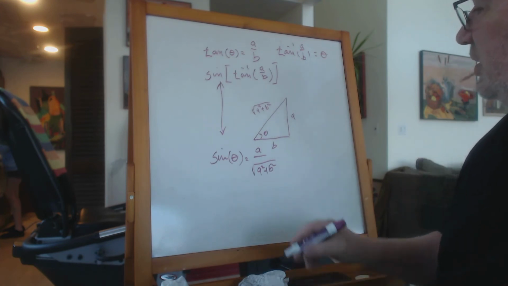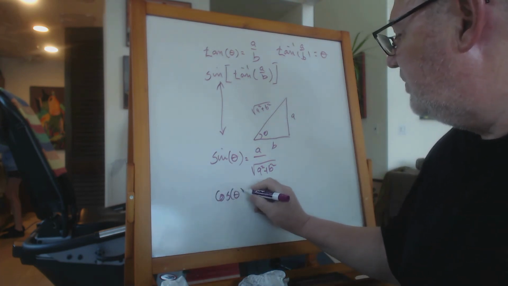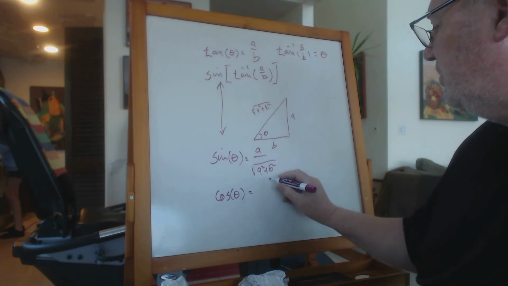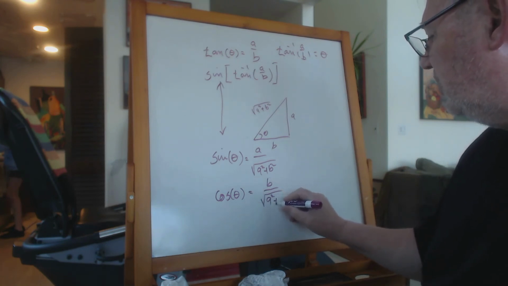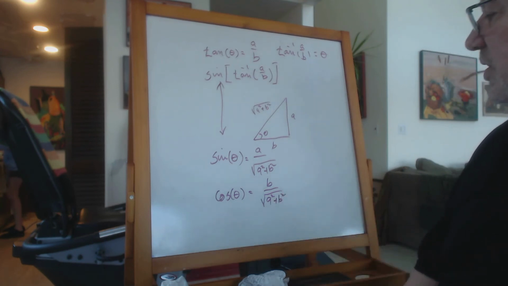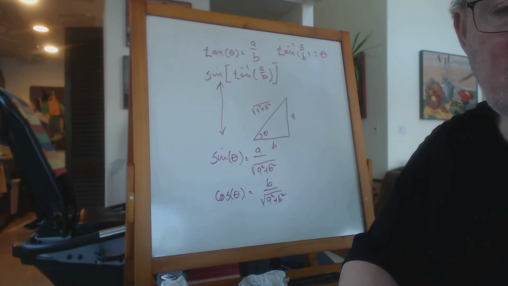And they want then the cosine of theta, which is equal to b over the square root of a squared plus b squared. So we've got both solutions.